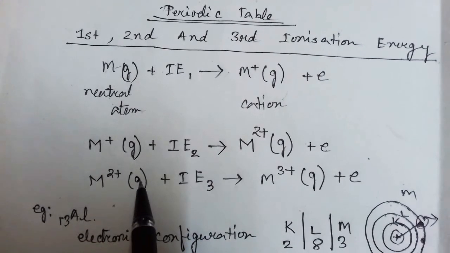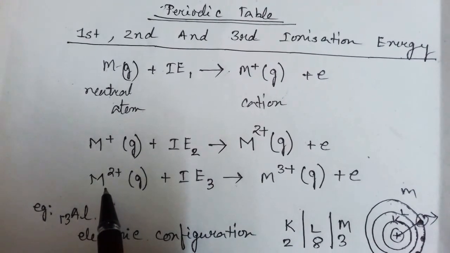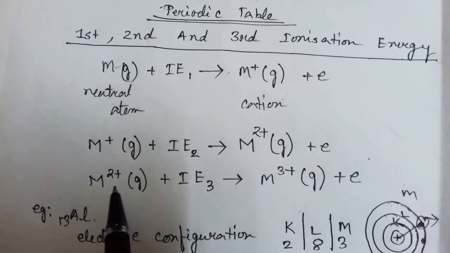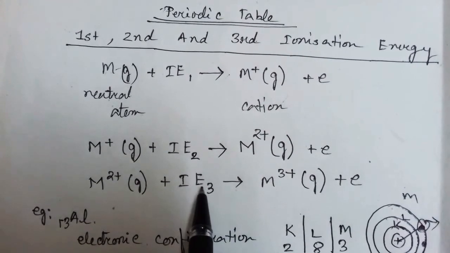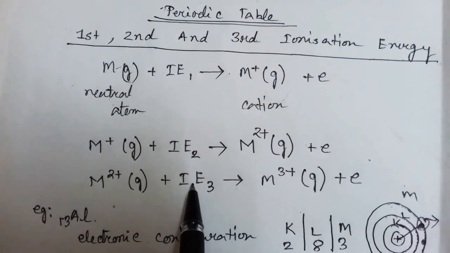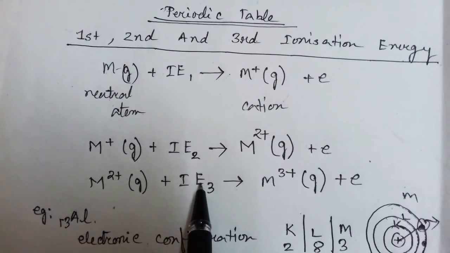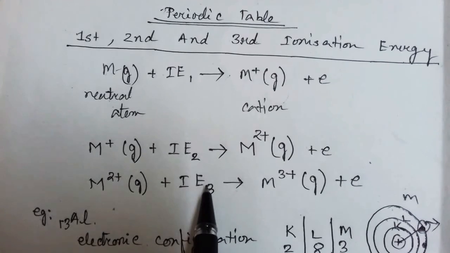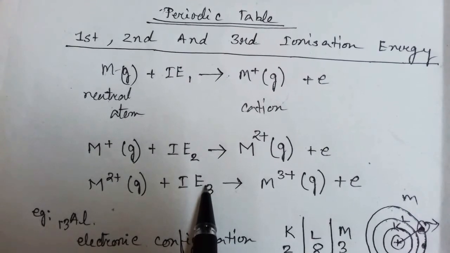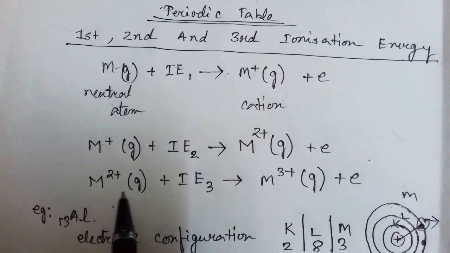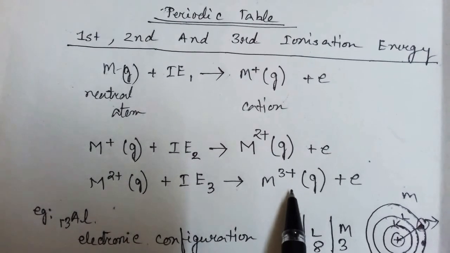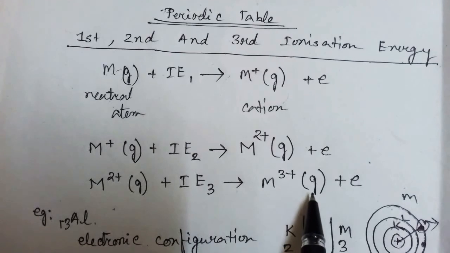In the next step, we take that bipositive cation and give it the required amount of energy, and its third electron is pulled off. Losing its third electron, the bipositive cation will become a tripositive cation, gaseous state.